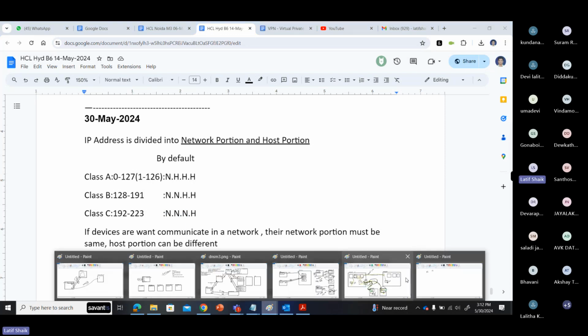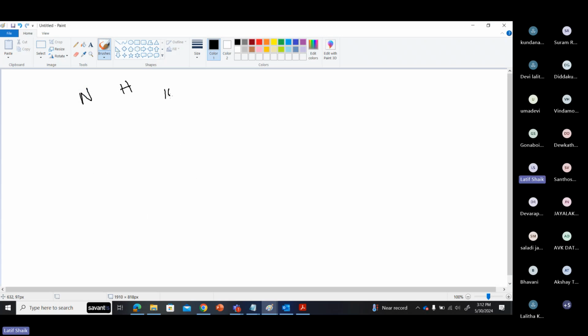How does this happen? You can see here 10 means it is class A. This is one IP address in class A. This is the network portion, and all the remaining are host portions. I have another IP, 10.0.2.4, 10.3.40.20, 10.100.200.20.